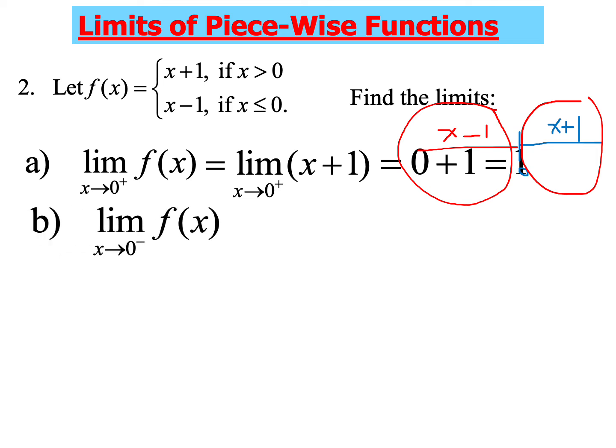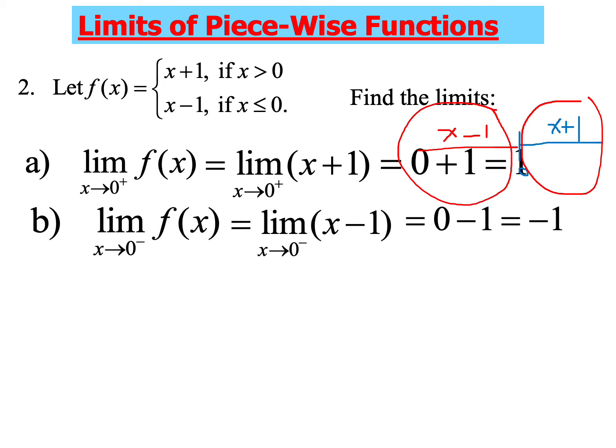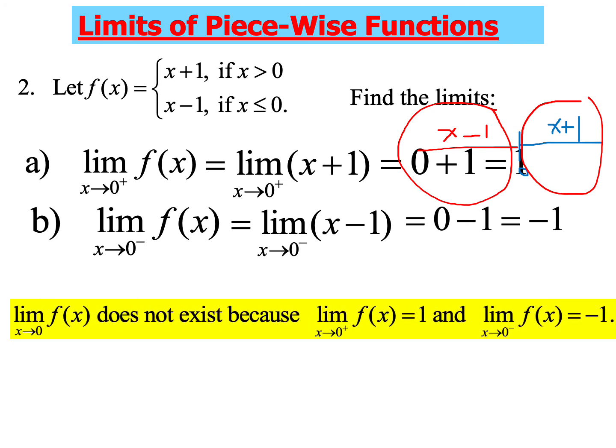Also from the other side, if I want to find the limit when x goes to 0 from the left, I have to take only the part x minus 1. So the limit equals negative 1. Since I find different limits from both sides of 0, we can say the limit does not exist when x goes to 0.